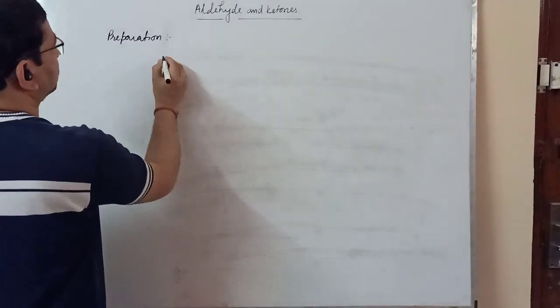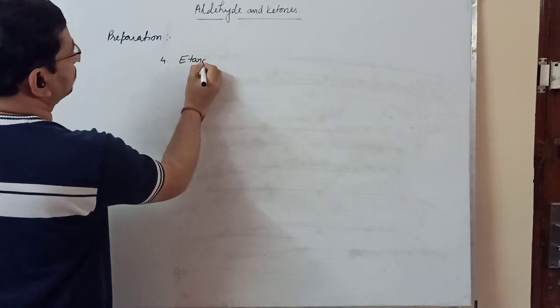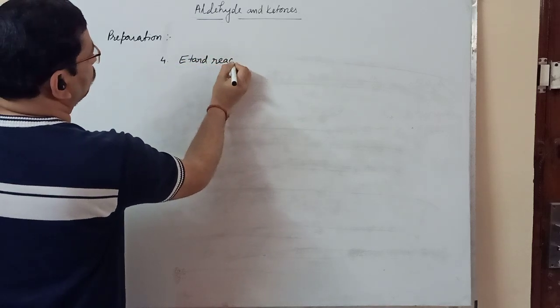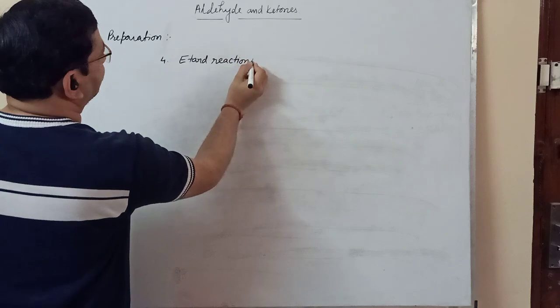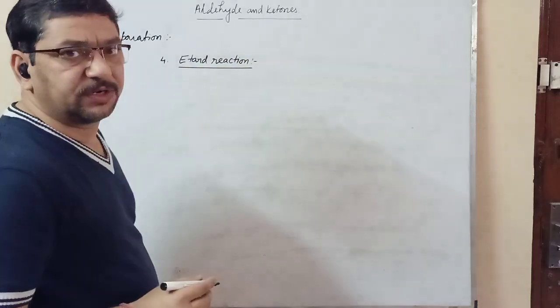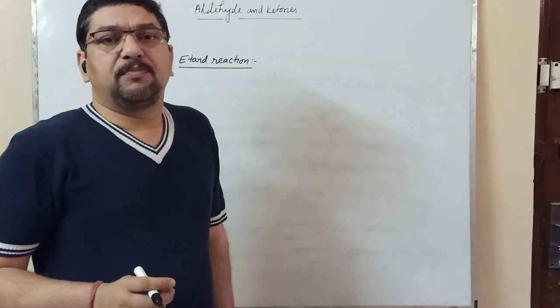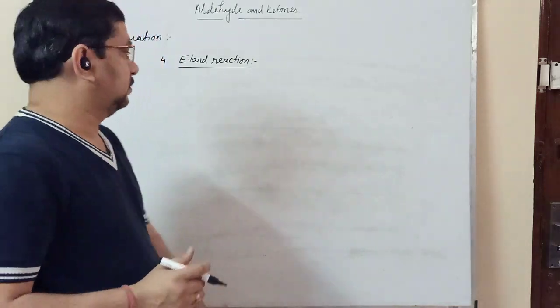That is Etard reaction. In Etard reaction, toluene is converted into benzaldehyde by using chromyl chloride.